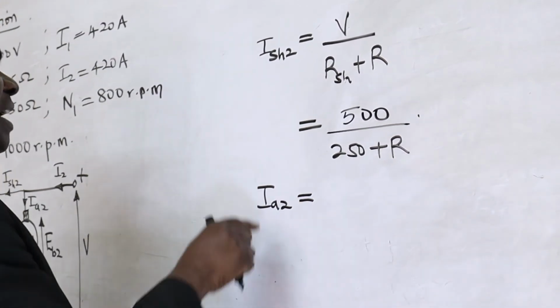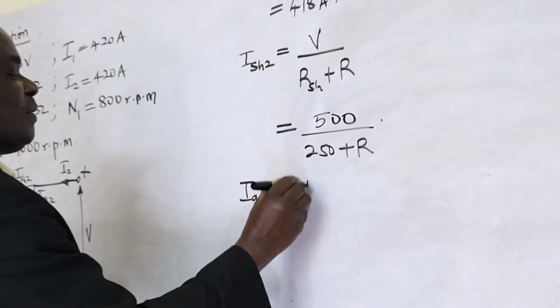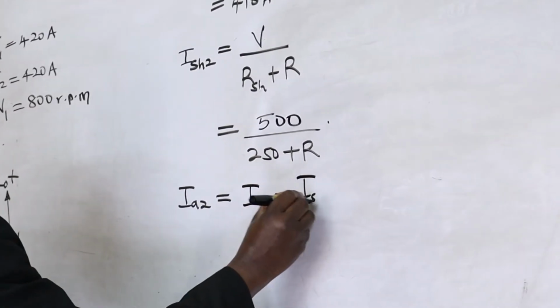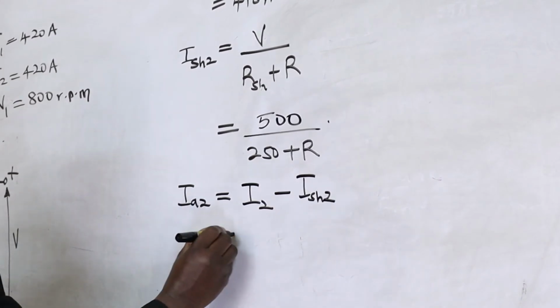IA2 will be equal to I2 minus I shunt 2.